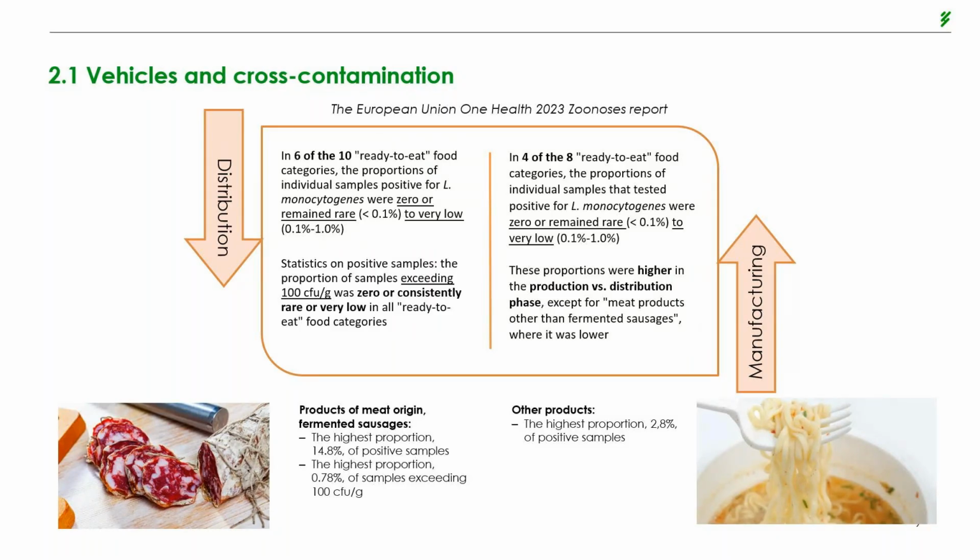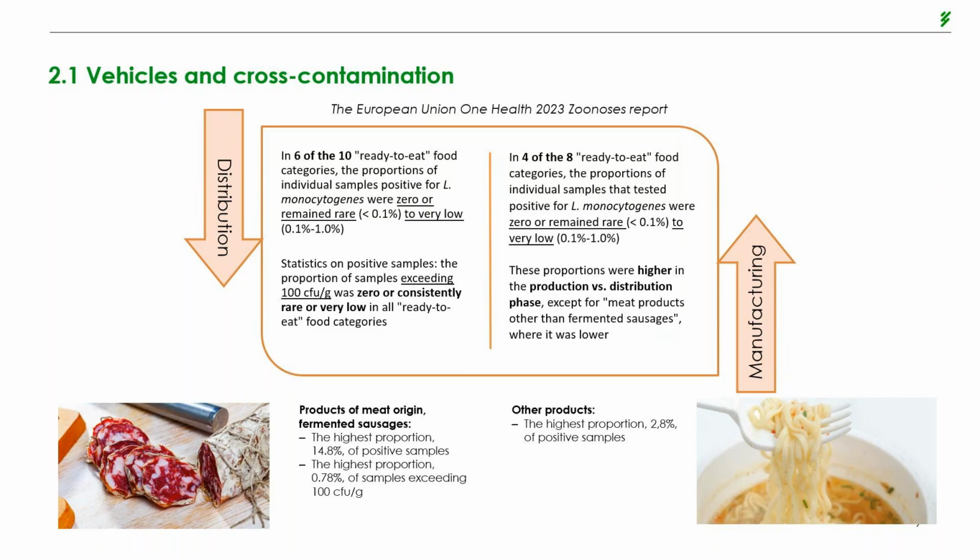On the other hand, during production, we can find the same ratios of null to very low positive samples in 4 of the, in this case, half of the ready-to-eat food categories. Products of meat origin, fermented sausages, were identified as the main category with positives and samples that exceeded this limit of 100 CFU per gram.